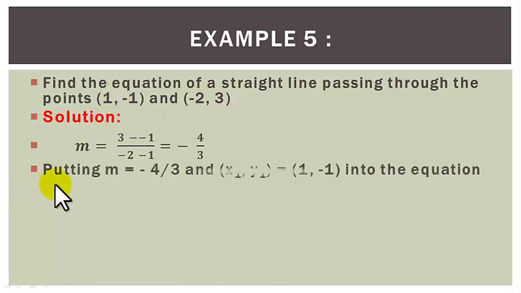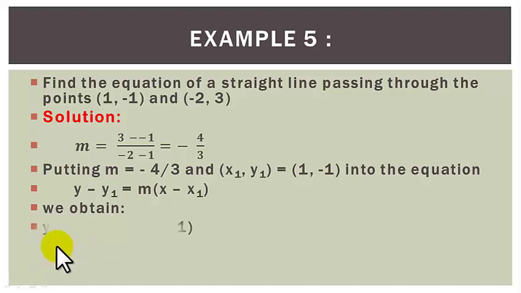So putting the slope m equals -4/3 and the point x1, y1 equals (1, -1) into the point-slope form, y minus y1 equals m times x minus x1, we obtain the following equation. y minus y1 is y minus -1, which is y plus 1, is equal to the slope, which is -4/3, times x minus x1, and x1 is 1.